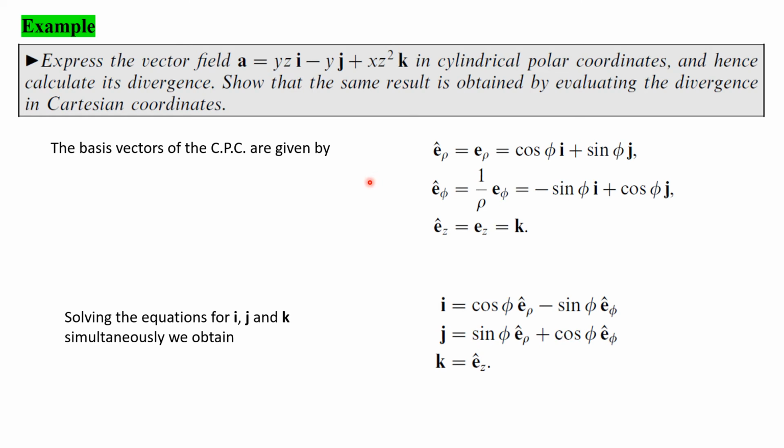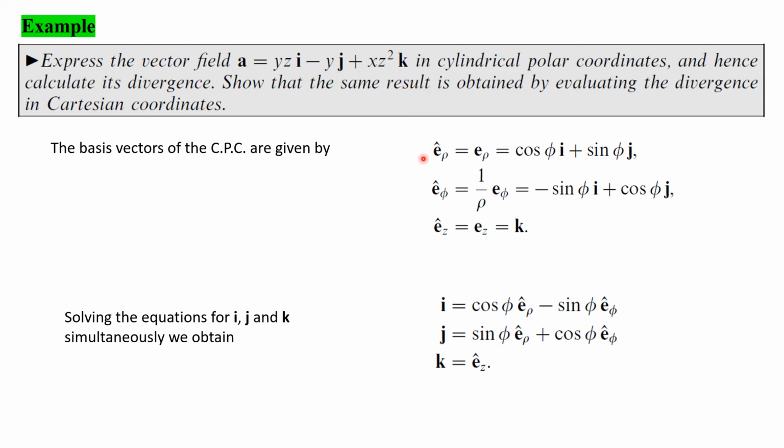So let's solve the problem. The basis vectors of the cylindrical polar coordinates are given by these three unit vectors here: e_ρ hat, e_φ hat, and e_z hat. But as you can see here, you have i, j, and k.